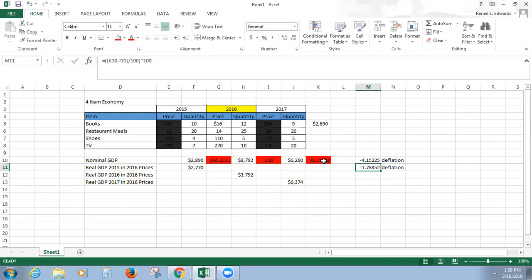All right, let's try something different. Instead of having a negative number here, let me erase that. Let's say instead the prices had actually changed. Let's say here the quantity changed. Let's say here the quantity went to 10. The quantity here went to 28.